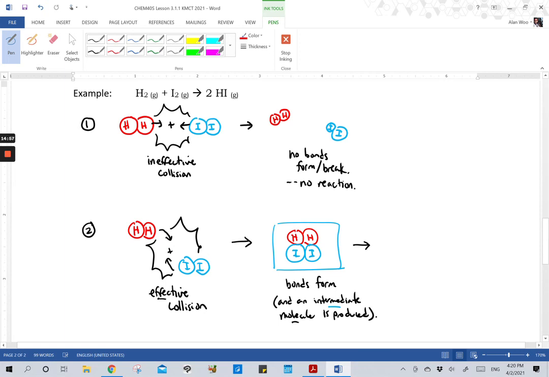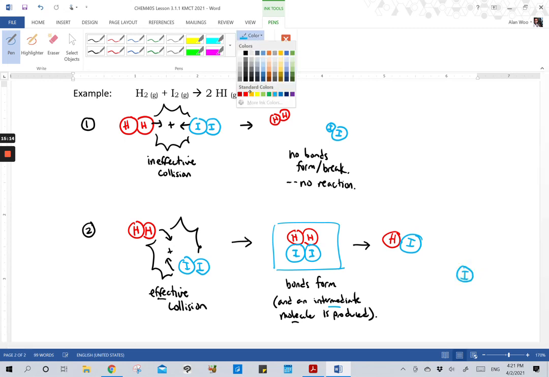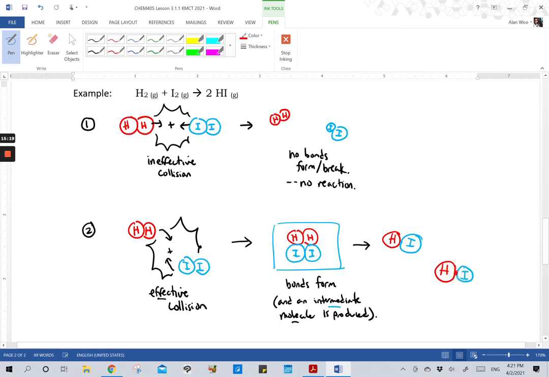After more collisions, you'll eventually have your iodine and your hydrogens bonding together. That makes one molecule, and you'll have another set of H and I forming bonds, making two separate molecules of HI. So you get your final products here.